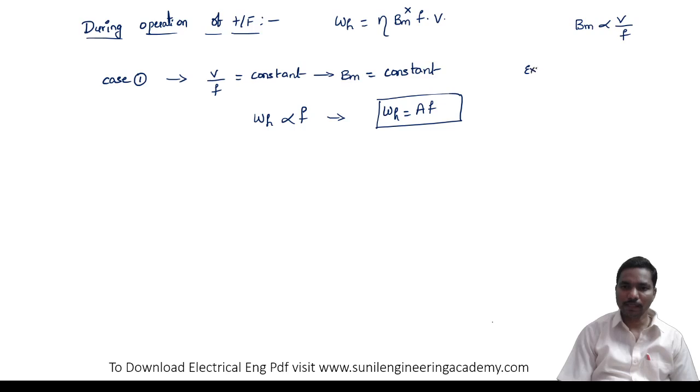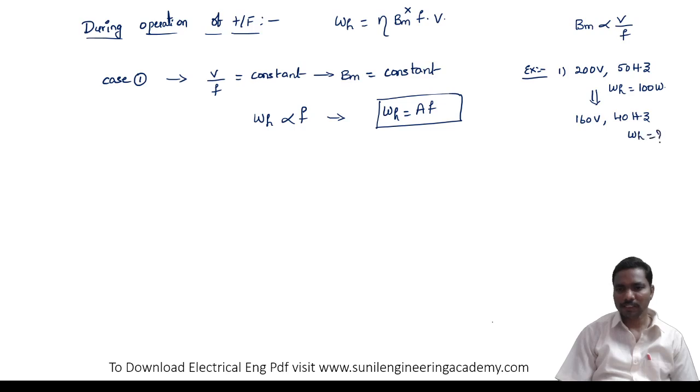Let us take one example they have given. In the first case, a 200 volts transformer on 50 hertz supply has hysteresis losses of 100 watt. If you change the supply to 160 volts and the frequency is 40 hertz, then what will be the hysteresis loss?